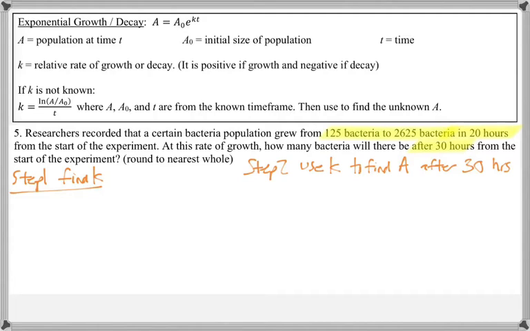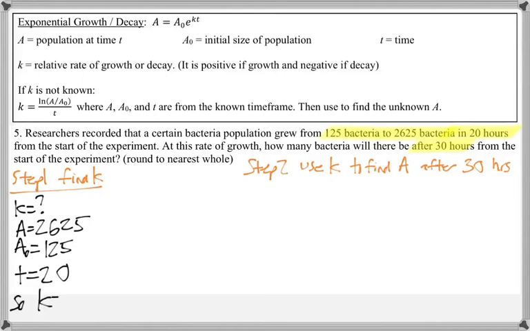So I don't know what k is, but I know my A is 2,625 and my A0 is 125 and my t is 20.